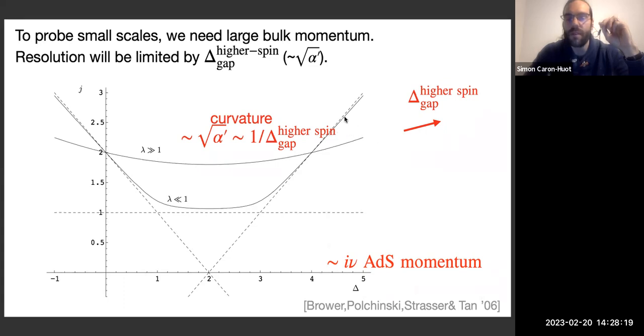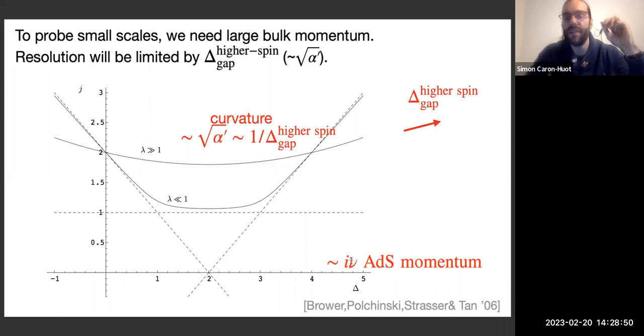what happens is that the higher spin operators get lifted to higher dimension. So the correct criterion for a theory to be holographic is that it has a gap of higher spin single trace operators. And when you have such a gap, the trajectory becomes very, very flat. The sort of experiment I described tells you why this is important. Having the Regge trajectory very flat makes it possible to use large momentum.